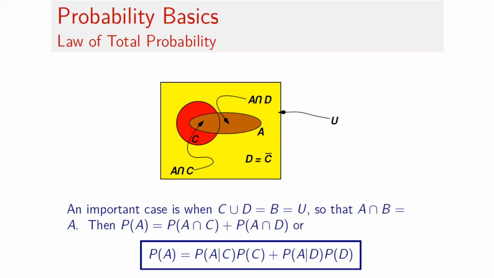So if we think about the dart example, we know that the dart could land in C or it could land in D and nowhere else.